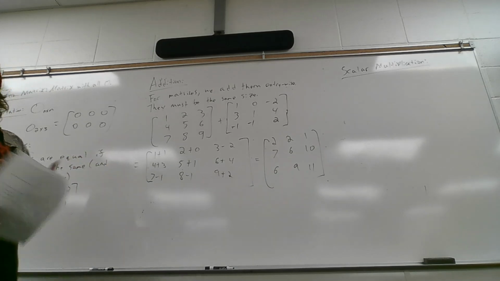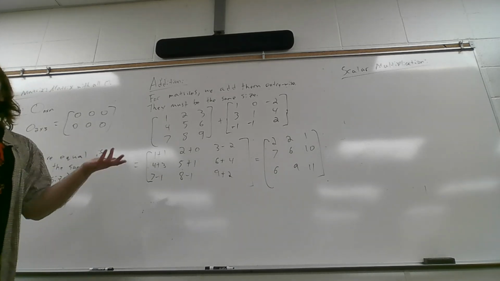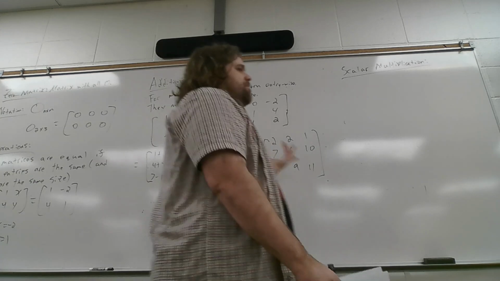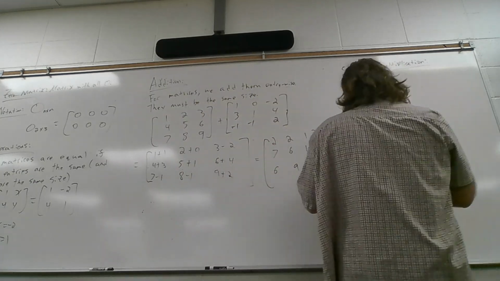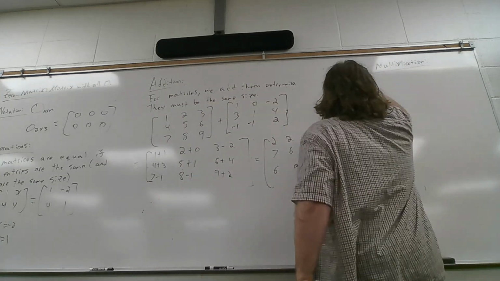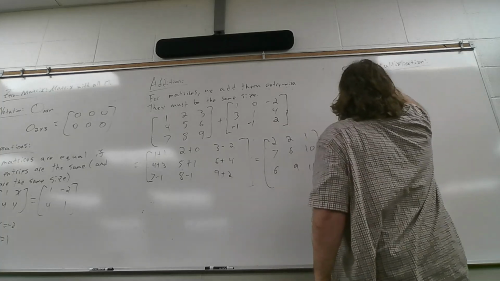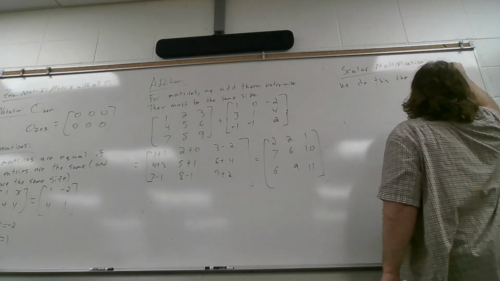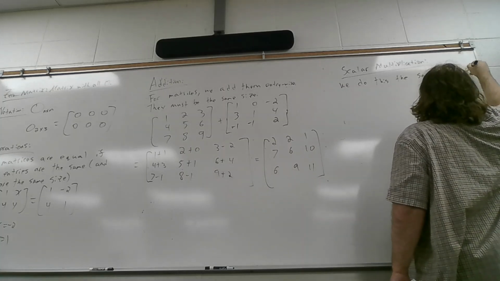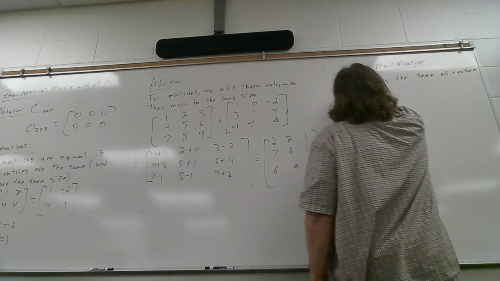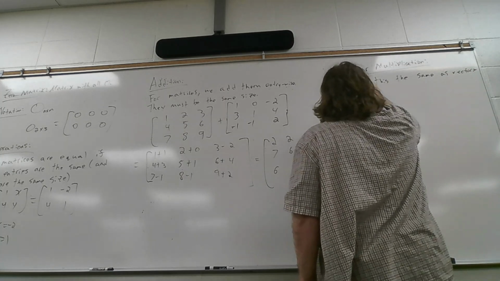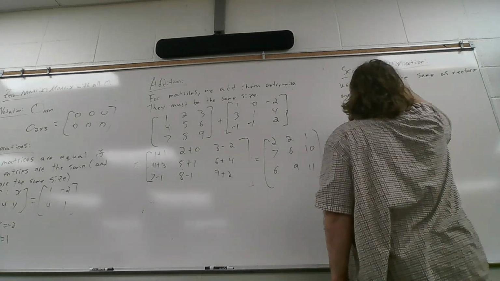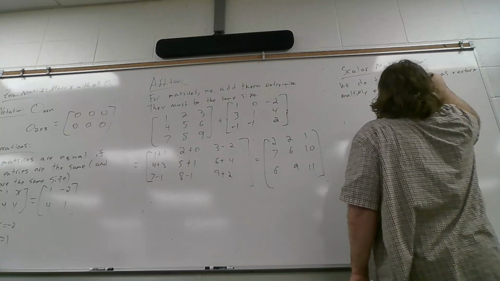We're saying, hey, matrices are just that but maybe with more than one row or more than one column. So all the same things that we can do to vectors, we can do to matrices. So we do this same as vectors. Multiply every entry by the number.